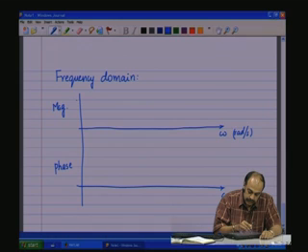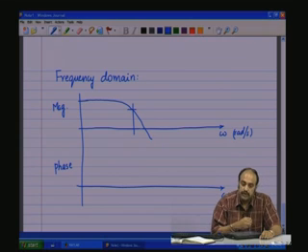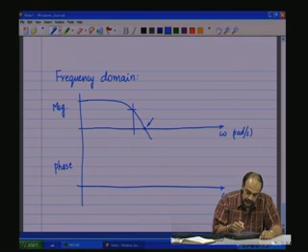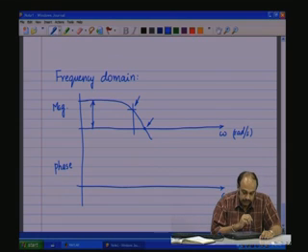Meaning, how does the absolute value of the gain vary with frequency? Is it a low pass filtering effect, and at what frequency will the 3 dB point occur? At what frequency does the zero crossover occur? So, these are important characteristics of the magnitude plot. What will be the gain or the attenuation of a particular circuit at various frequencies?